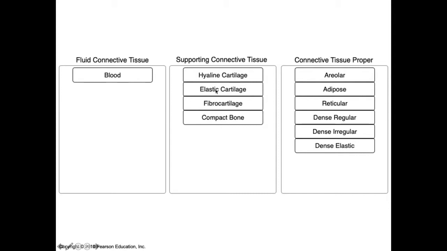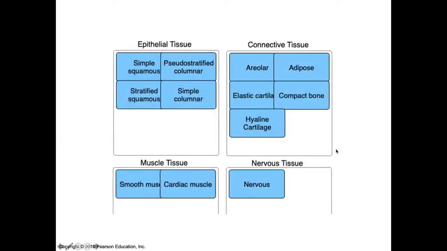Elastic is found like nose, found in the ear, it's found in the epiglottis, it's found in the eustachian tube. When we talk about connective tissue, blood and lymph, like red blood cells, white blood cells, platelets. When we talk about connective tissue proper, there's loose connective tissue, which is areolar, adipose, and reticular. And besides loose, there's dense regular, dense irregular, and dense elastic.